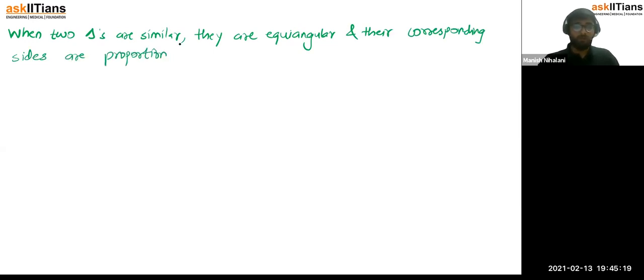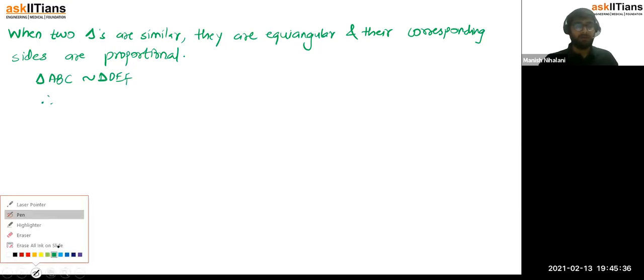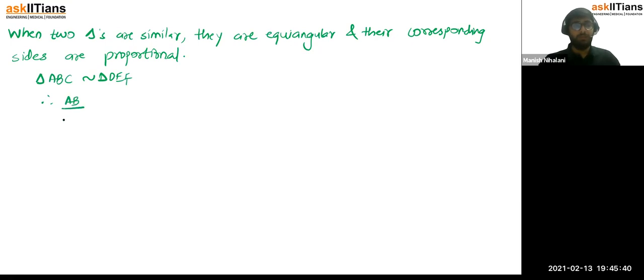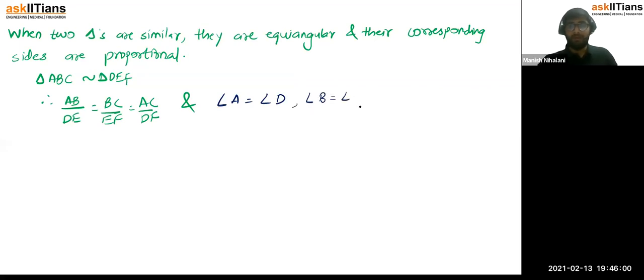So if triangle ABC is similar to triangle DEF, AB by DE is equal to BC by EF is also equal to AC by DF. And also angle A equal to angle D, angle B equal to angle E, and angle C equal to angle F. Right, this is what we know.